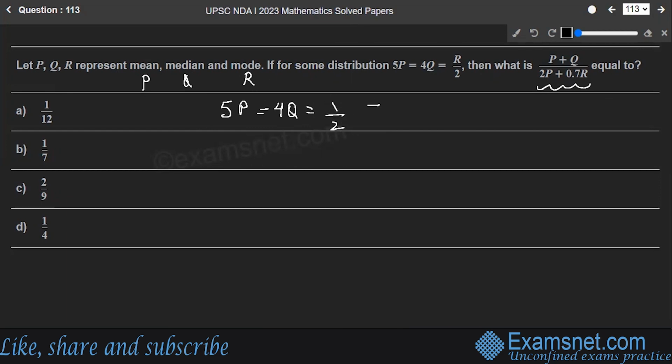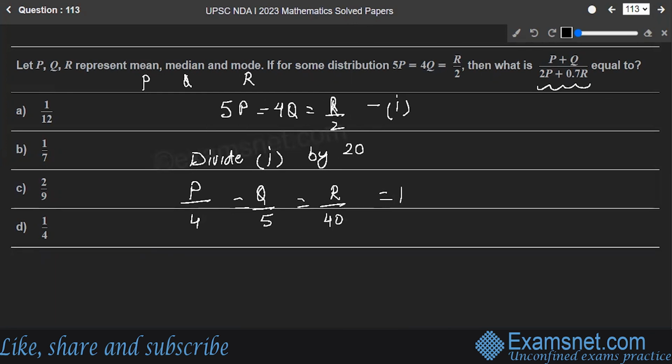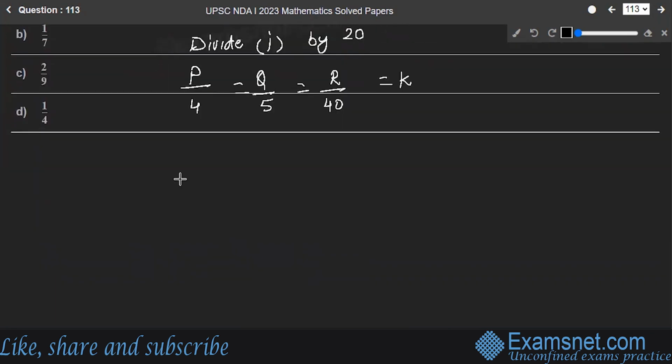So, let's divide it by 20. You will get P upon 4 is equal to Q upon 5 is equal to R by 40. Let's say this is equal to some K, which gives you P is equal to 4K, Q is 5K, and R is 40K.